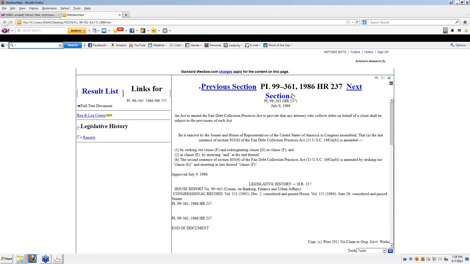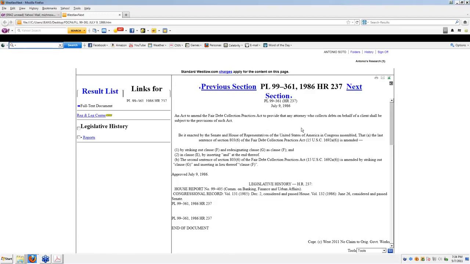You guys need to write this down. They amended the Fair Debt Collections Act to provide that any attorney who collects debts on behalf of a client shall be subject to the provisions of this act. Because they're private debt collectors, they're not acting as attorneys.